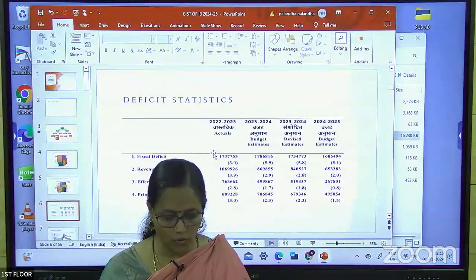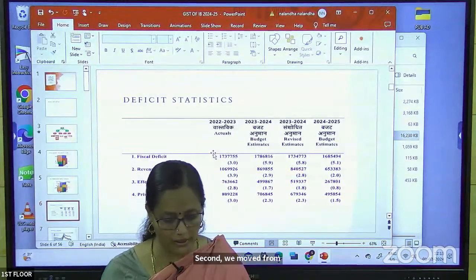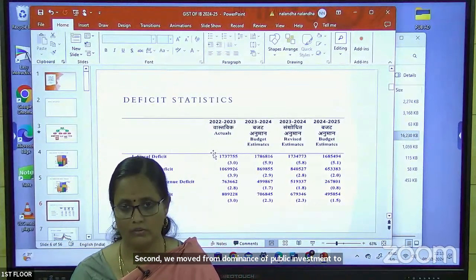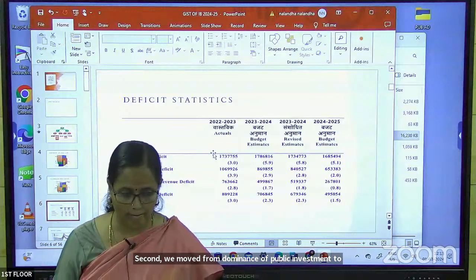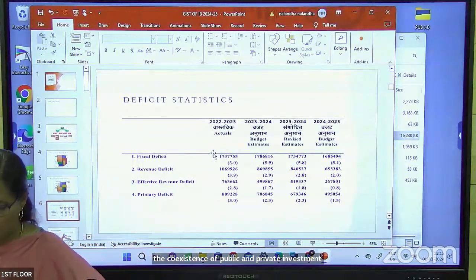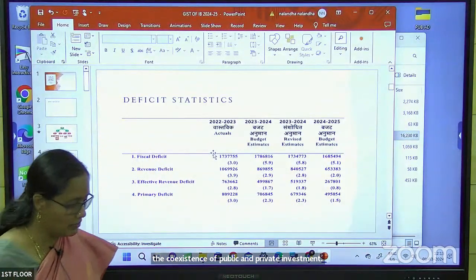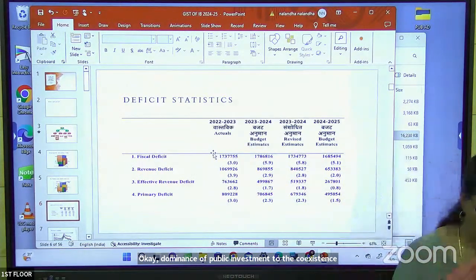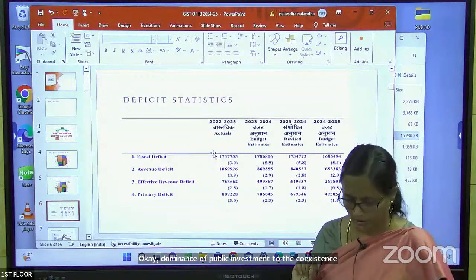Second, we moved from dominance of public investment to the coexistence of public and private investment.